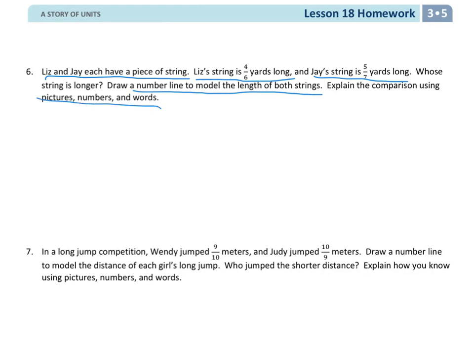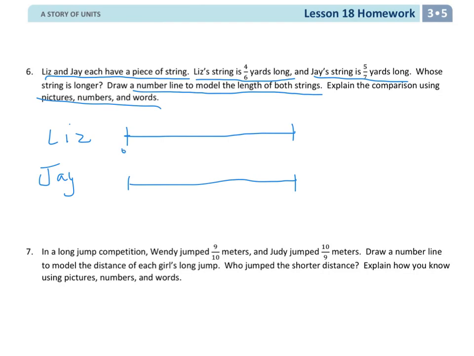So I'm going to start by putting down my two people, Liz and Jay, and I'm going to draw a number line. And both number lines, I'm going to try to make the same length because they're both talking about yards, 5/7 yards long and 4/6 yards long. So we're both going to start at 0.